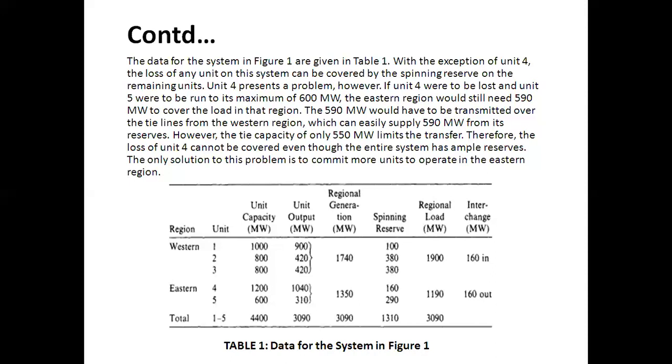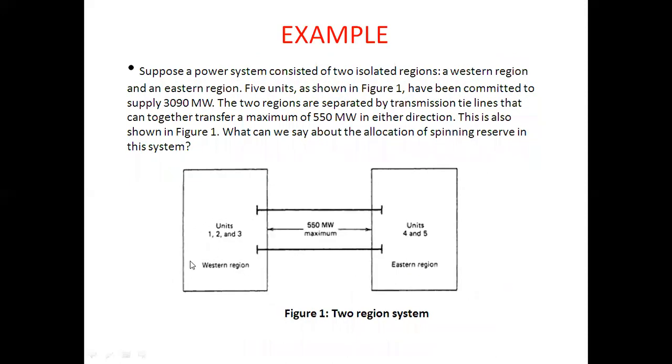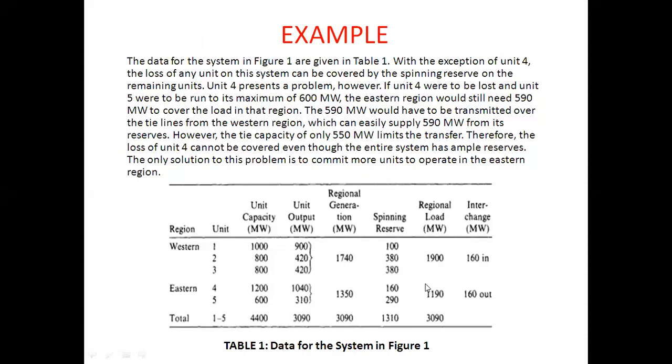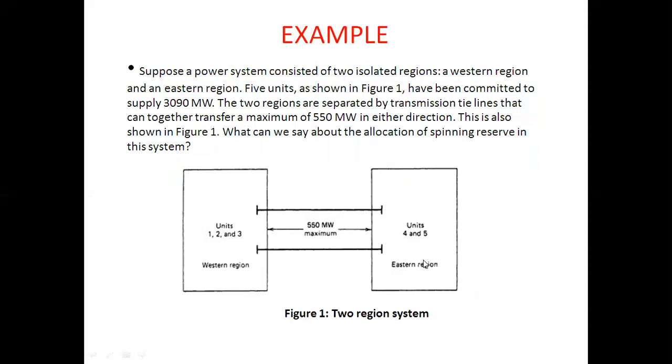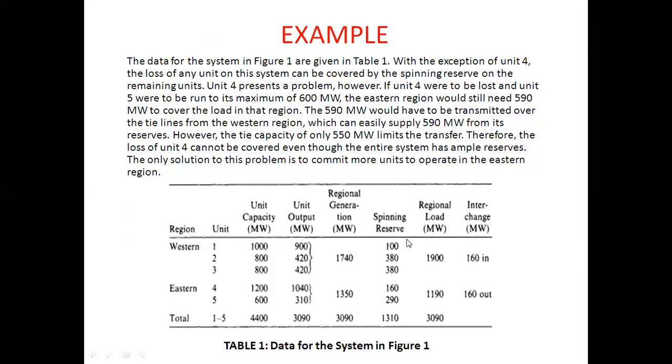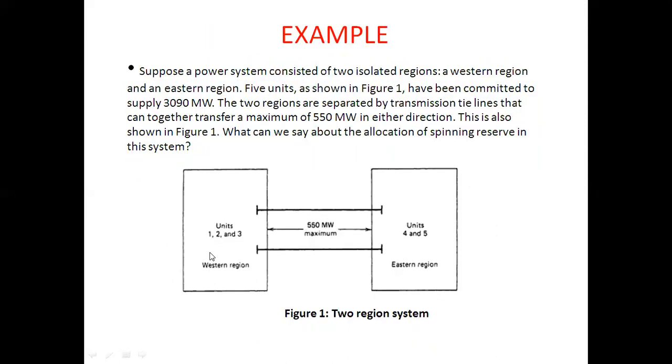That means if the western region has to meet the load demand of 1900, it has to take 160 from the eastern region. And yes, the eastern region, after meeting its own load demand, is capable of giving 160 to the western region.